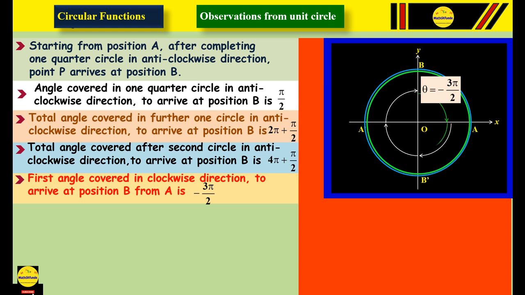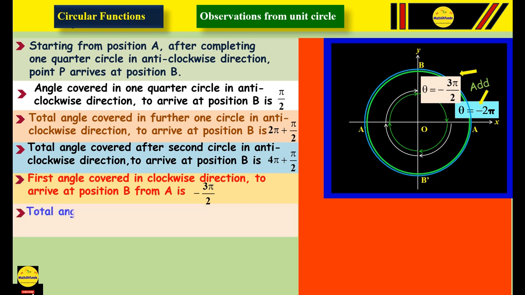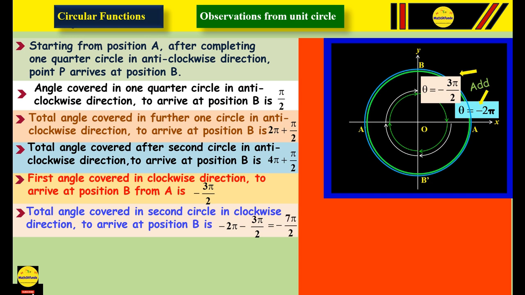Now, if point P continues its journey and takes another circle in clockwise direction, how much angle will have to be added? It would be minus 2 pi, right? So, minus 2 pi minus 3 pi by 2. These two are to be added when point P reaches back to position B by moving in clockwise direction.